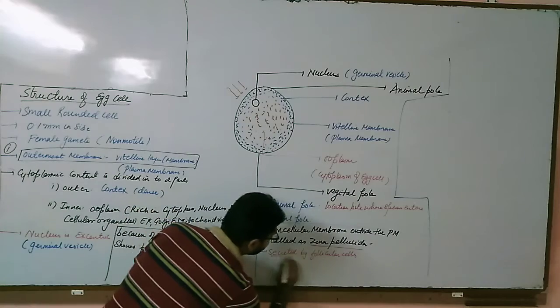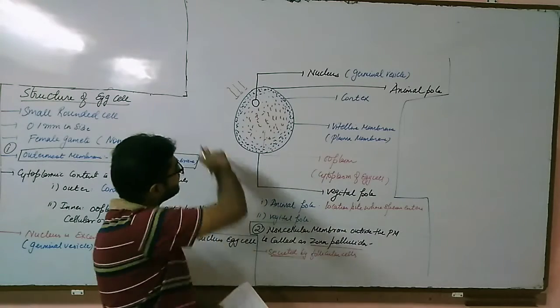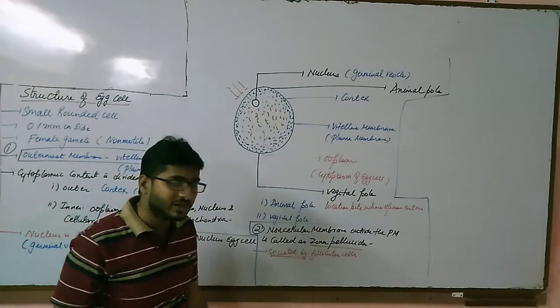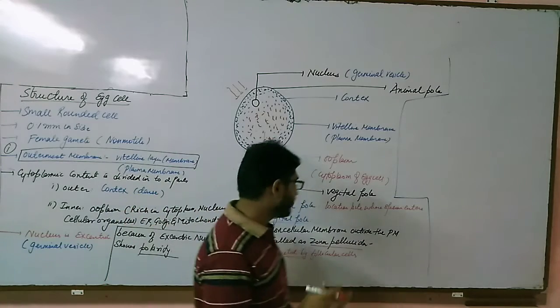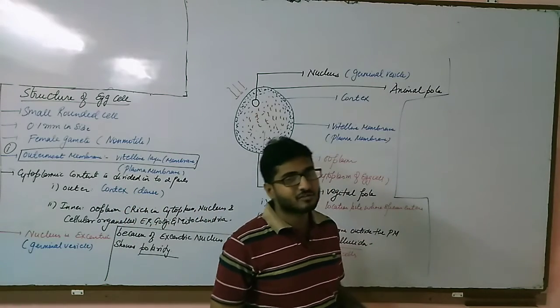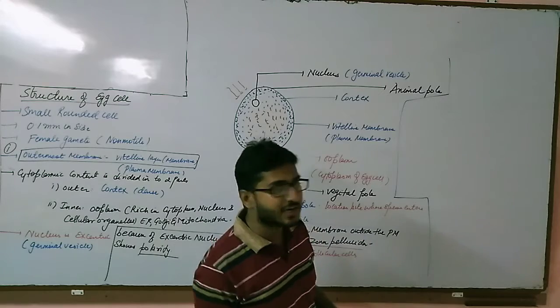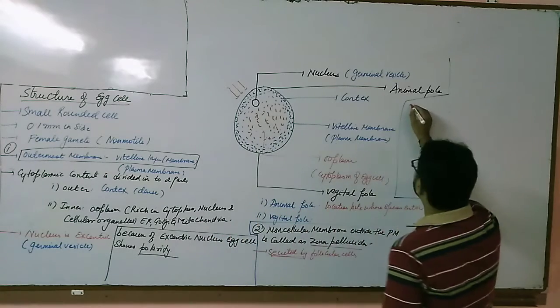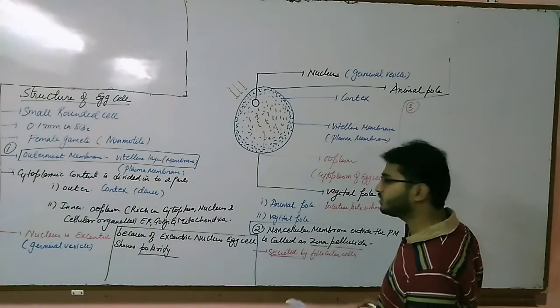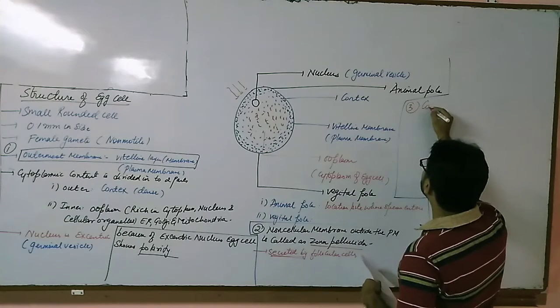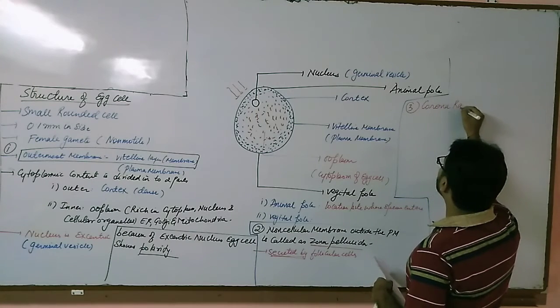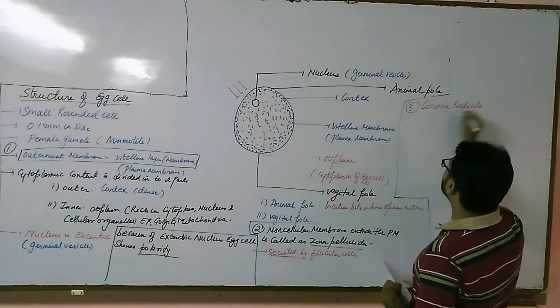Now there is a third layer which is made up of follicular cells. It is secreted by follicular cells which are surrounding this egg or the secondary oocyte. The third layer, which is present next to the zona pellucida, is called the corona radiata, as the name suggests.